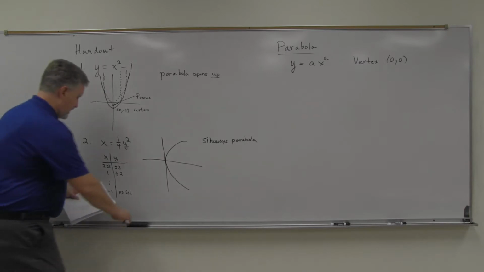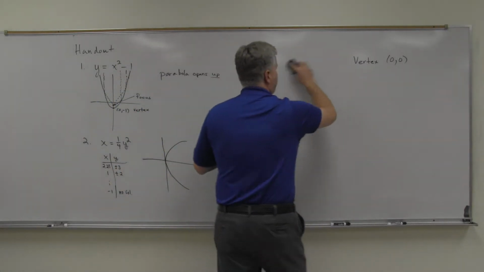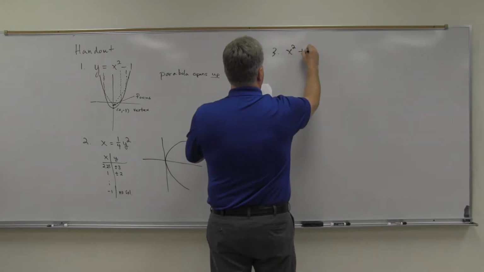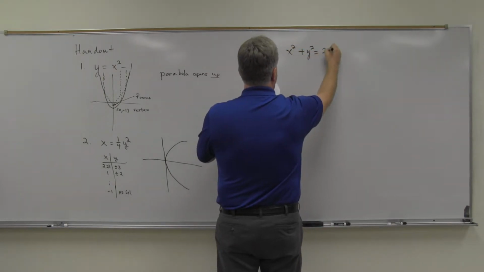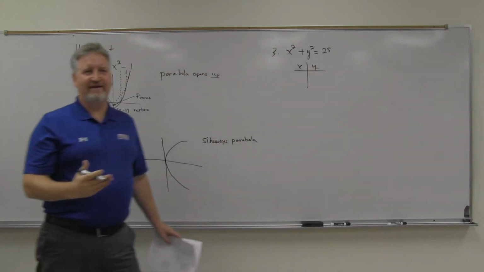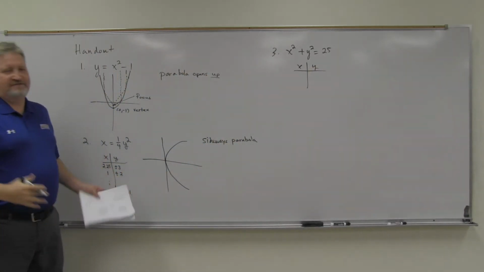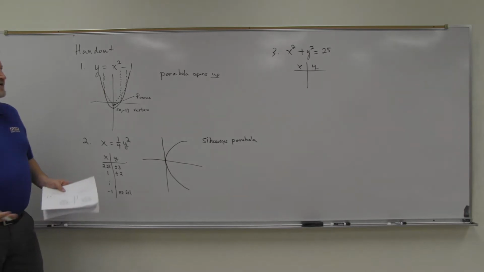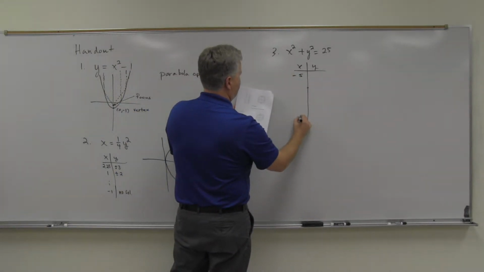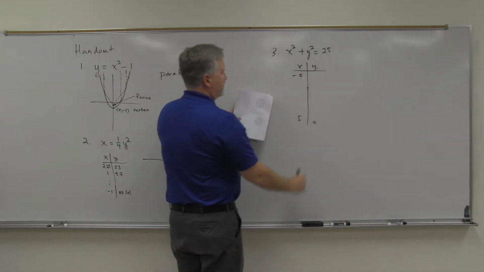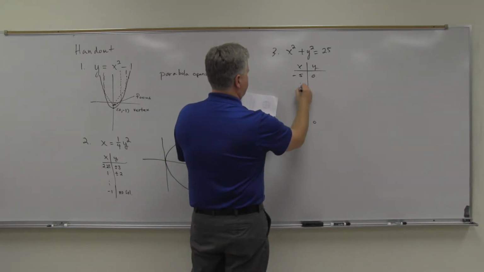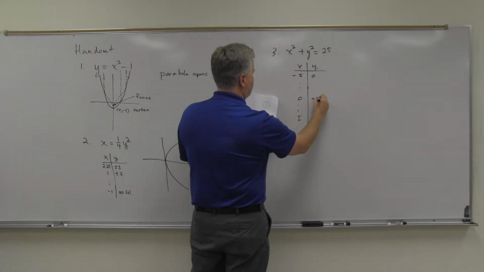All right, number 3, what shape have we got there? It's x squared plus y squared equals 25. Again, I did this the hard way because we haven't talked about it at all, but if you do all those points, I got -5 down to +5, and 0.